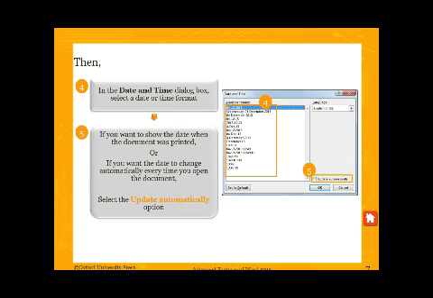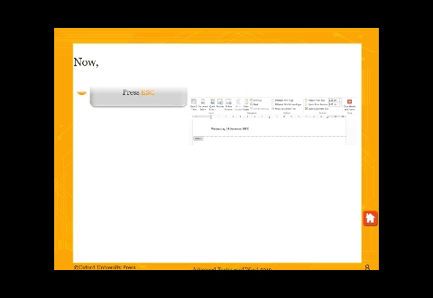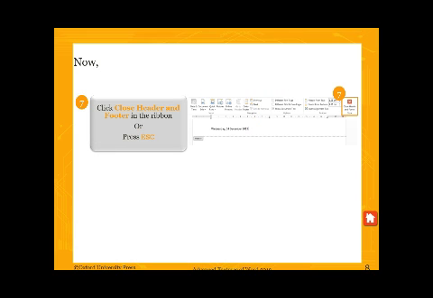Students, if you want to show the date when the document was printed, or if you want the date to change automatically every time you open the document, select the update automatically option, click OK. Now the current date or time will appear at the current cursor position. Click close header and footer in the ribbon or press escape key.